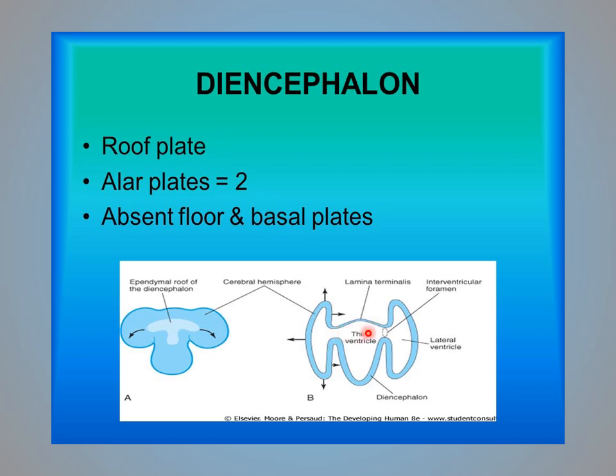The cavity of the diencephalon, the third ventricle, is in open communication with the cavity of the cerebral hemispheres, that is the lateral ventricle, through the interventricular foramina. The floor plate and the basal plates are absent in the diencephalon.